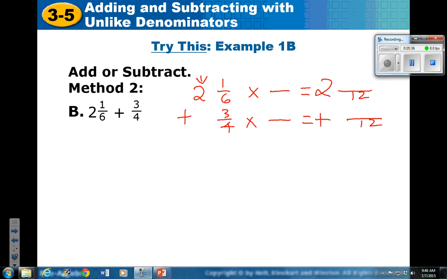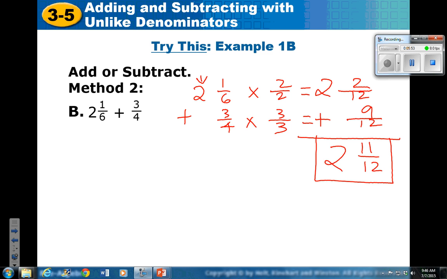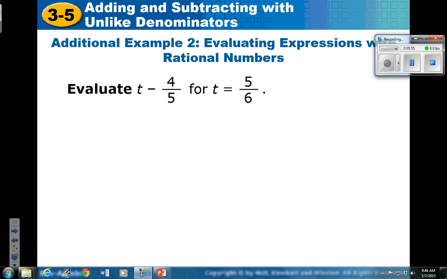So up here we're multiplying by 2 over 2, giving us 2/12. Here we're multiplying by 3 over 3, giving us 9/12. When we add, we get 11/12 and our whole number 2. All right, next we've got this kind where we're going to evaluate this expression for this value of the variable.